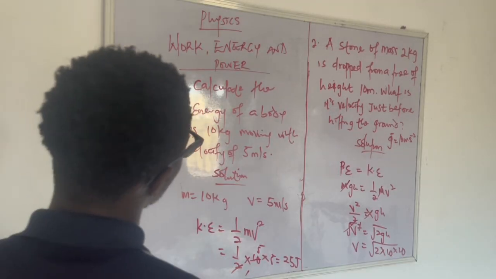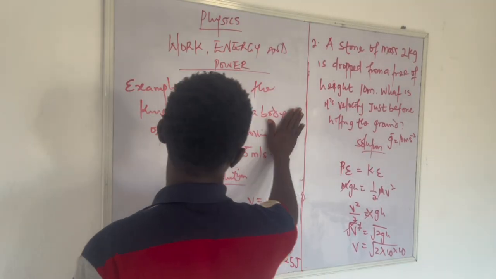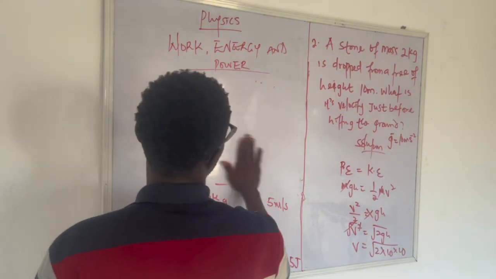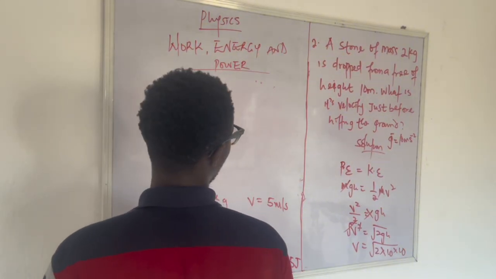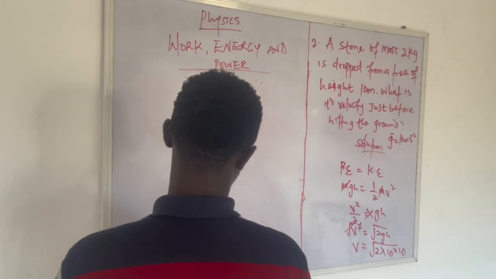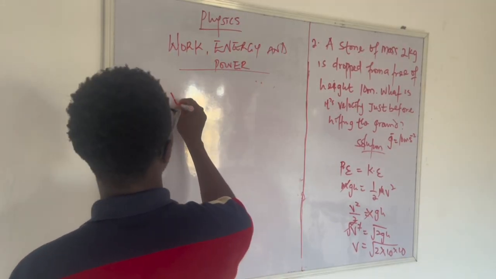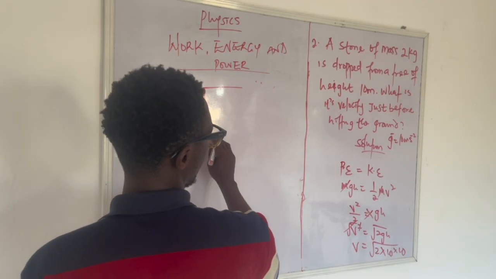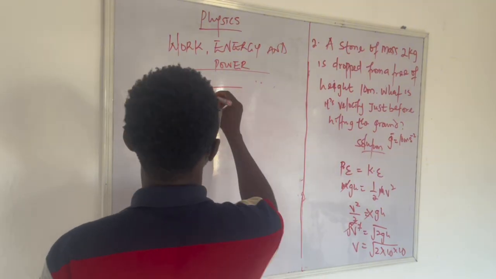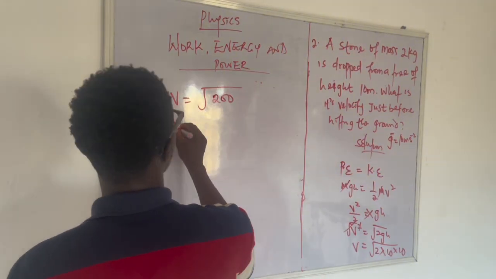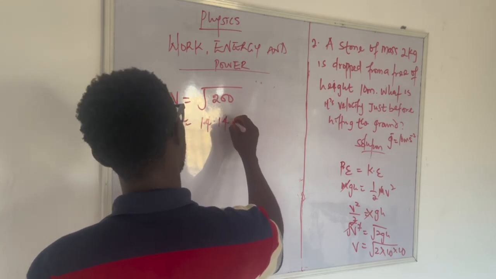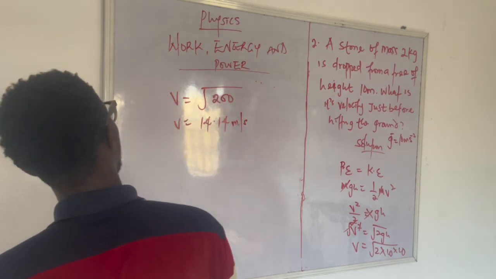So let's rub this. We can then say that velocity equals to root of 2 times 10 times 10, that's 100, that's 200. So velocity equals to 14.14 meters per second.